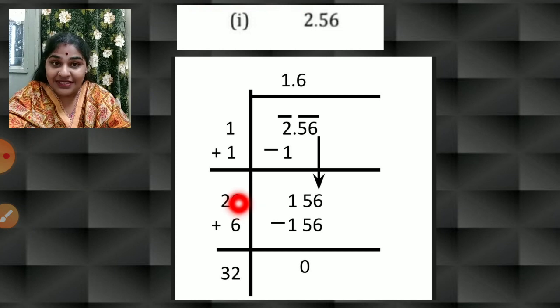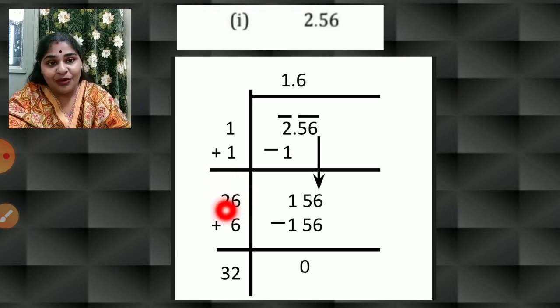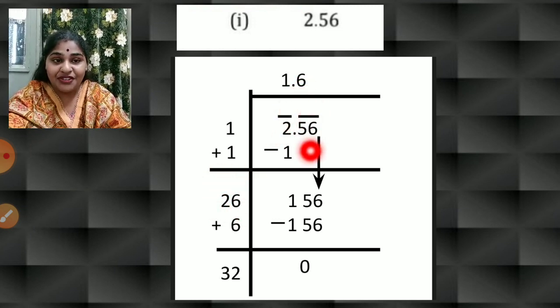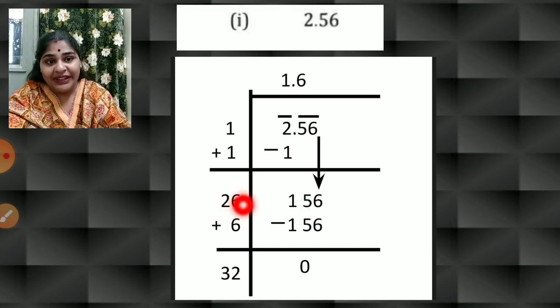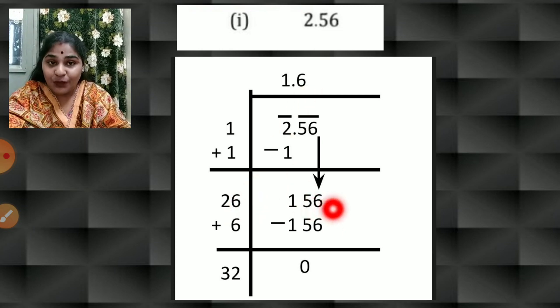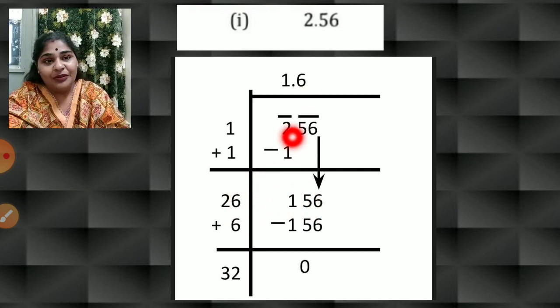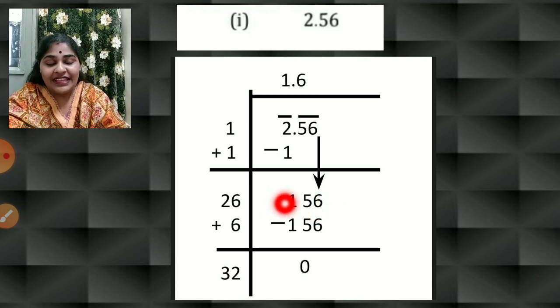So you have to take such a number that product of this whole number multiplied by that number should be equal to or less than the number over here, that is 156. So I know 26 into 6 is 156. So I'll take 26, 6 are 156, and 156 minus 156 is 0.